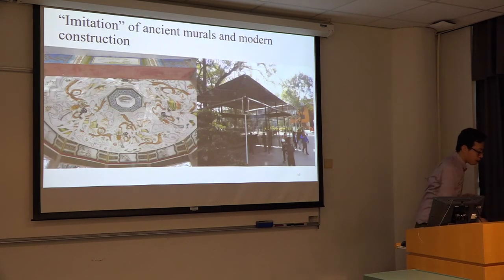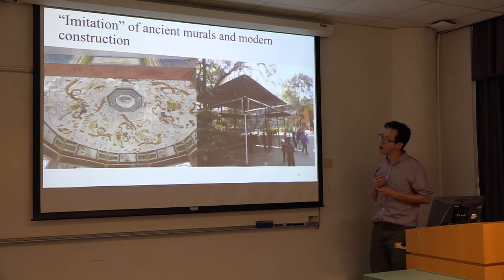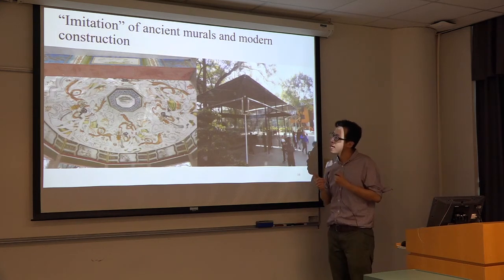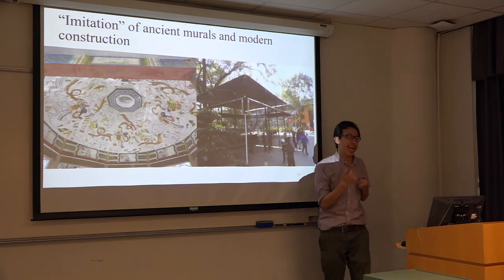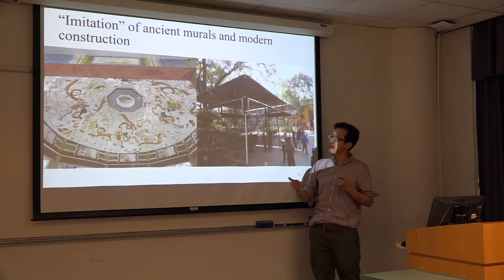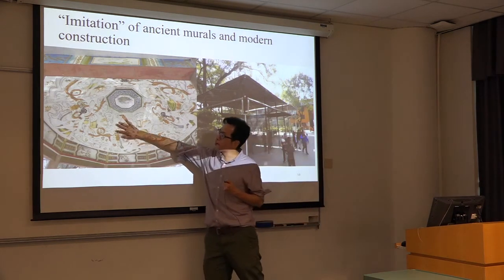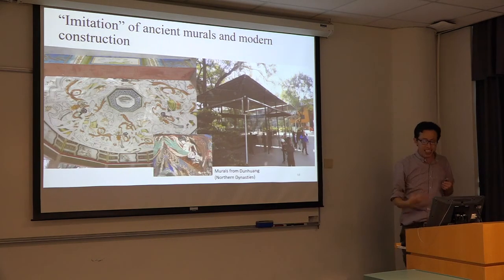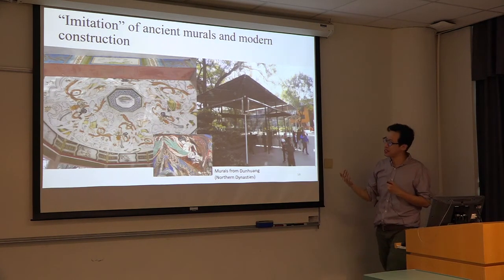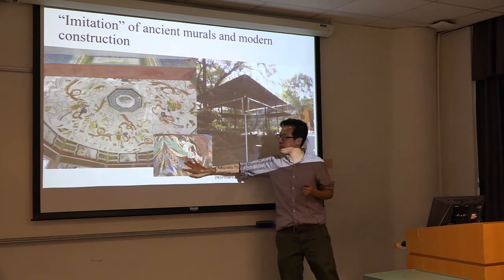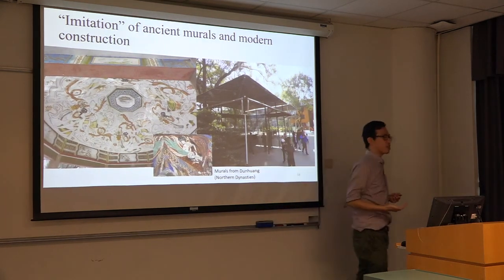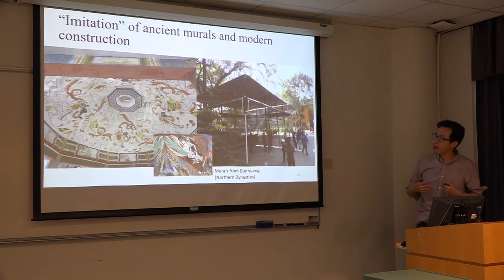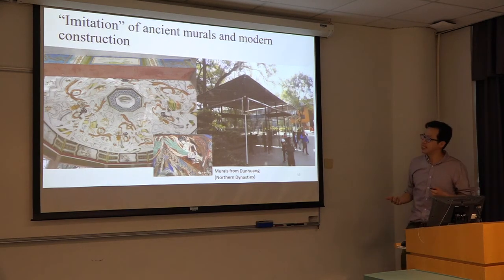So when you visit the temple, you will feel a little bit confused, because you often find imitations or newly added elements everywhere. For instance, there is one of the murals that you can see in the yard. It is basically a late imitation of the Dunhuang murals, the original murals painted before the Tang Dynasty.